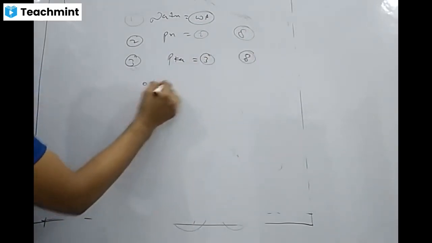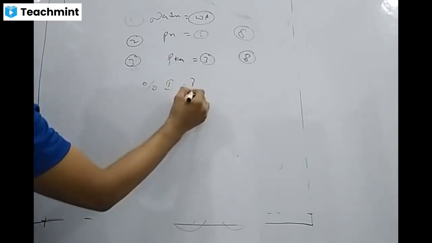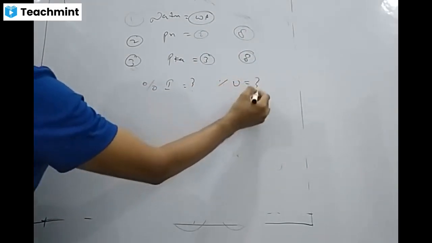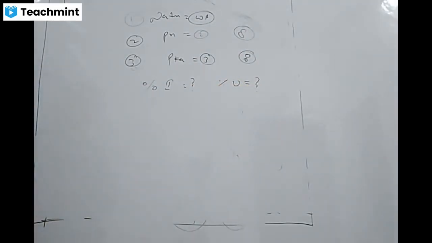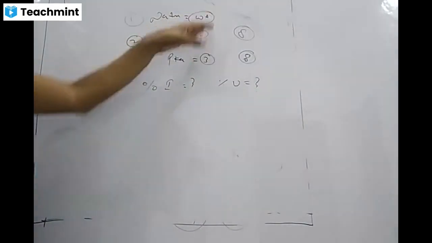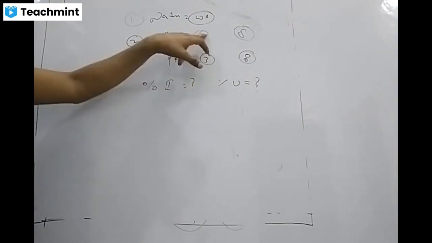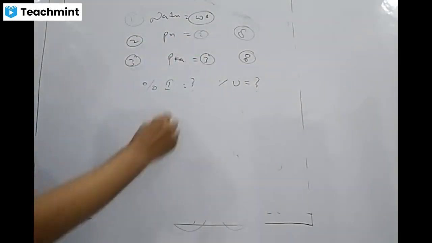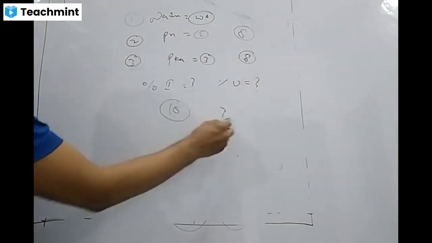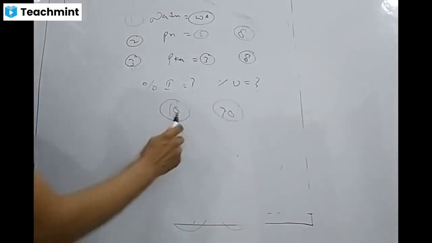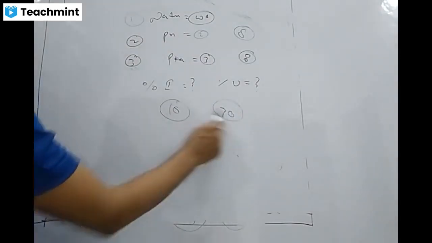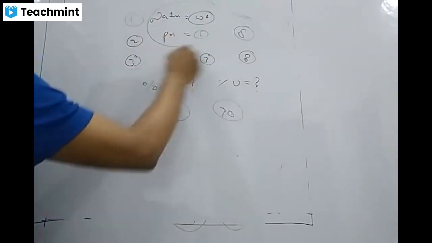And then they will ask you percent ionized or percent unionized. So we can easily calculate. Suppose pKa is 3, pH is 2, 1 unit change, then the answer will be 10 and 90. Which is 10 and which is 90 will depend on the first two.